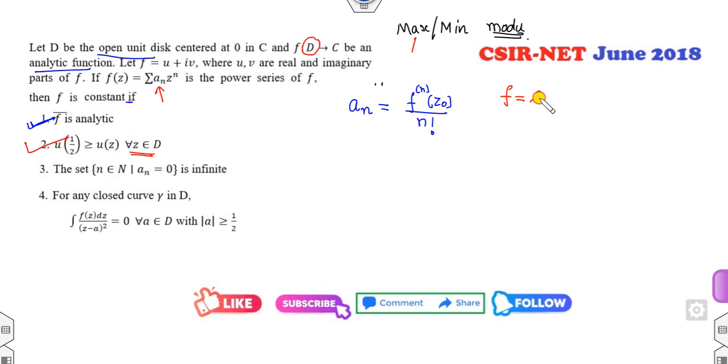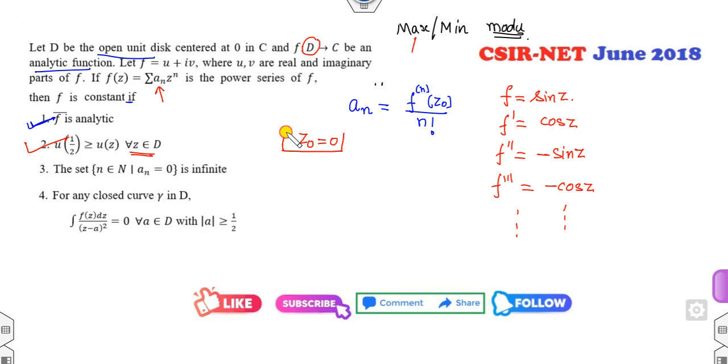Firstly, I can choose any function, say sine of z. What is the first derivative? Cos z. Second derivative, minus sine z. Third derivative, minus cos z, and so on. I can choose any interior point. Let's say z0 is 0. Then what is my a1? Here n is a natural number. a1, the first derivative, cos 0 is 1. a2, second derivative, 0. a3, third derivative, minus 1 over 3 factorial. a4, the next derivative will be plus sine of z, that's 0.